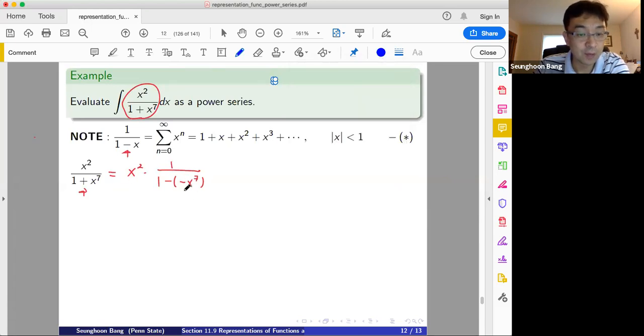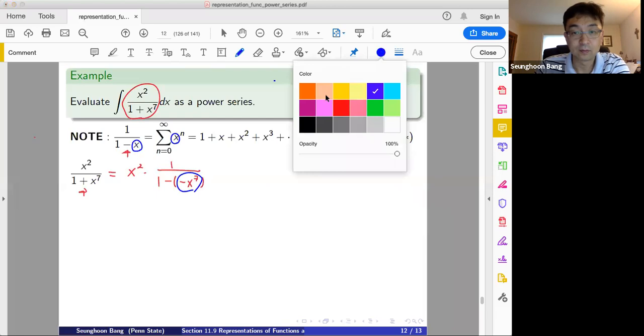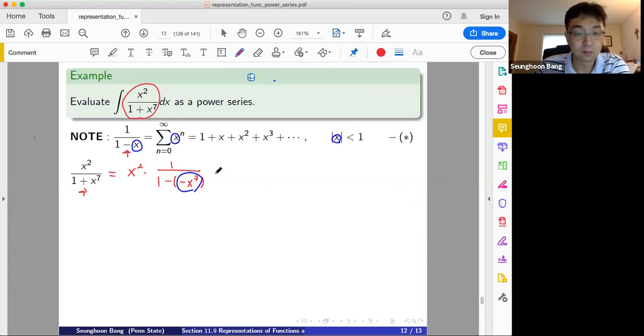The next, here, only plug minus x to the 7 into the common ratio part here. Only plug into this one. So this is the same to keep x squared, summation n equal 0 to infinity, plug minus x to the 7 into x: negative x to the 7 to the power n.